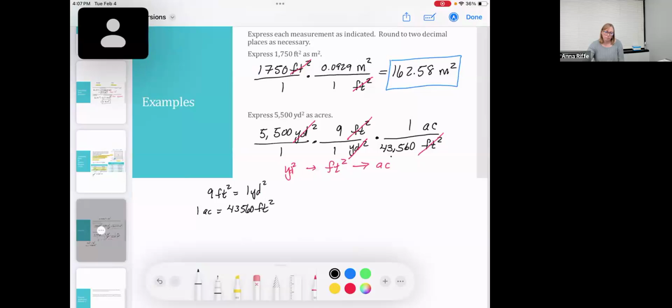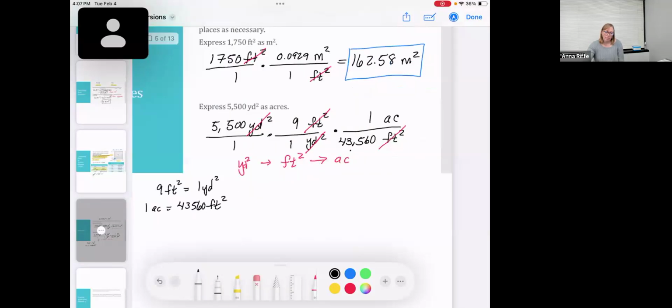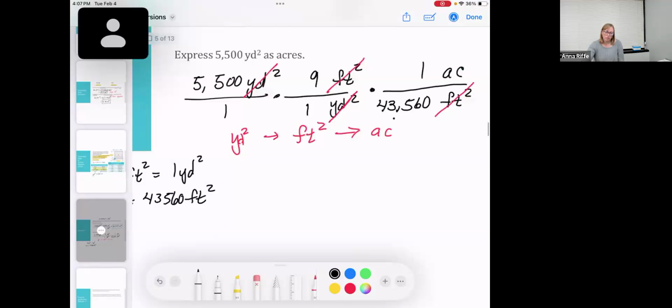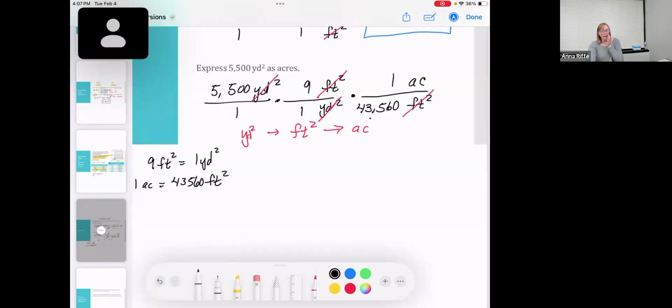Almost done. So we have, there we go. Hopefully you're not dizzy. We have set up our unity fractions. We can note that the 9 is on top, so I'm going to multiply 5,500 by that 9. The 43,560 is on bottom, so I have to divide by 43,560. I can do that all in my calculator at the same time. Let's pull it up.